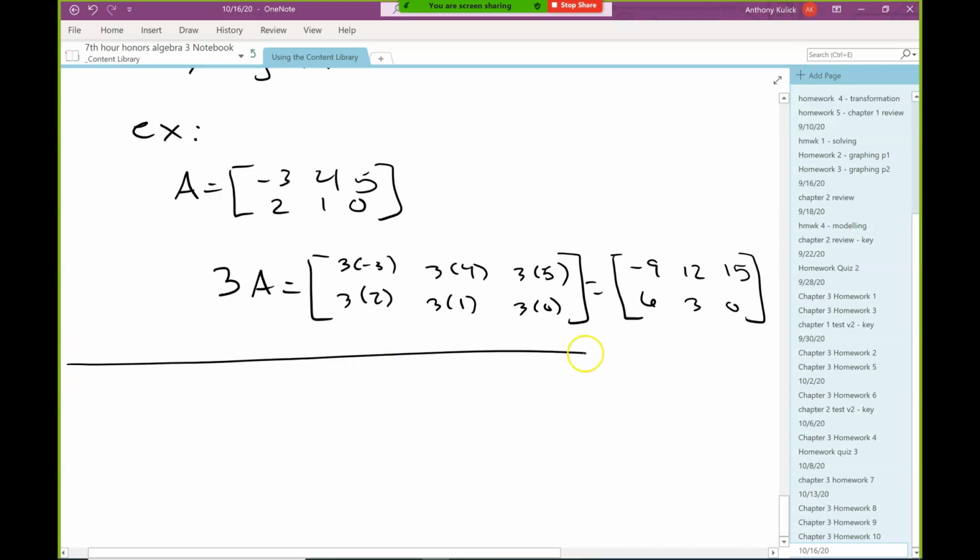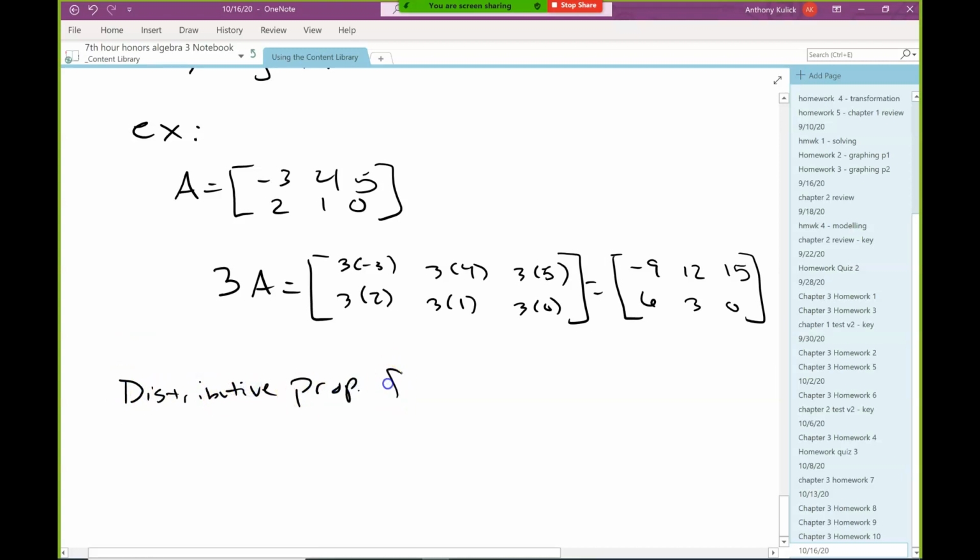So we do have a distributive property for matrix addition and scalar multiplication.